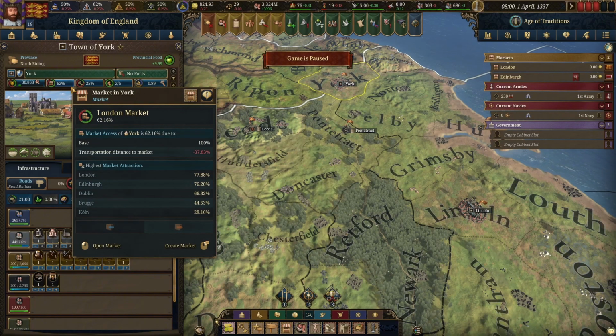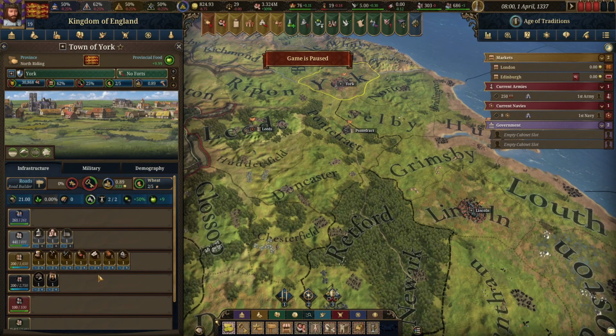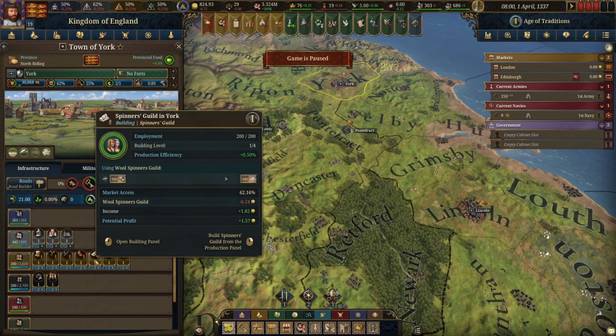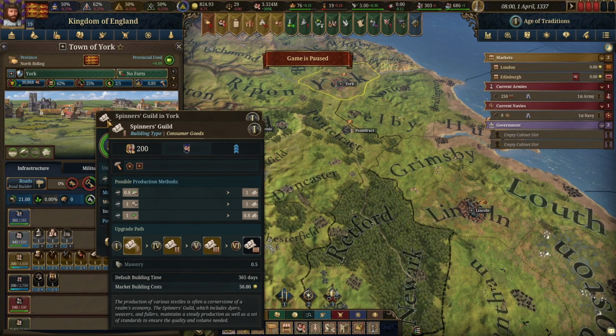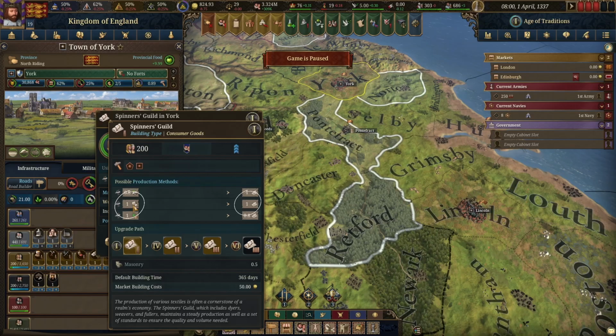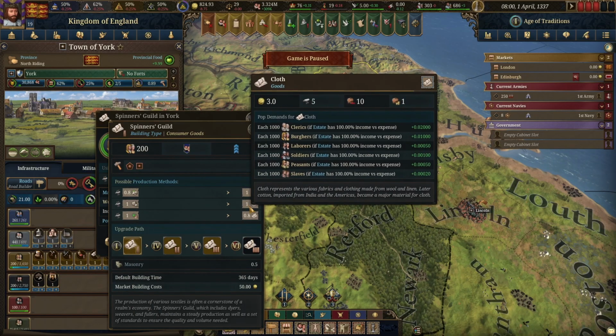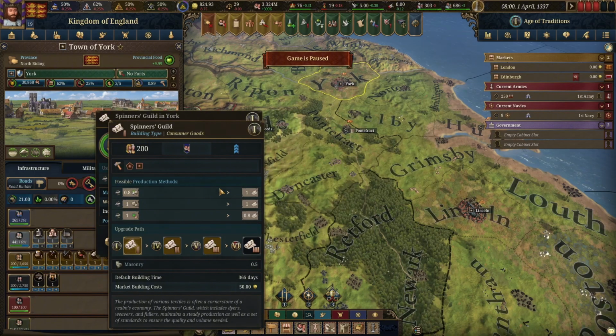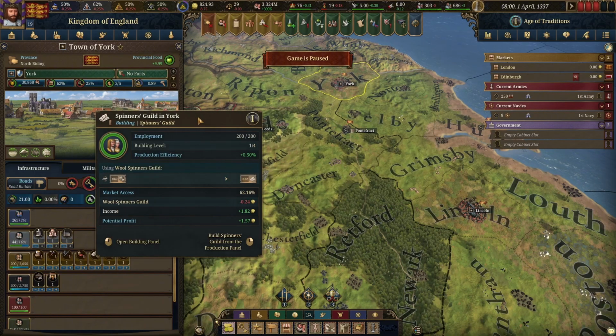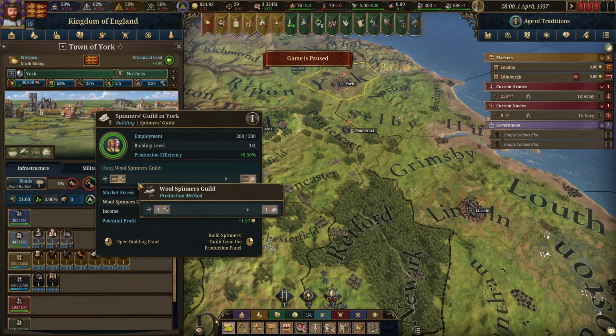So why is this important? If I look at the Spinners Guild in York, we should have a 1-to-1 ratio of 1 wool worth 2.5 ducats to 1 cloth worth 3 ducats. But because our market access is only 62%, we are only getting 0.62 wool and then producing 0.62 cloth.